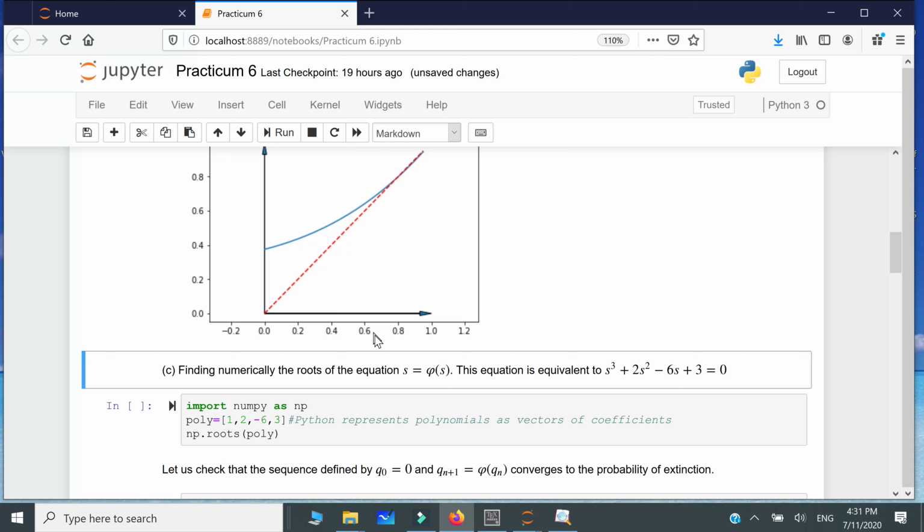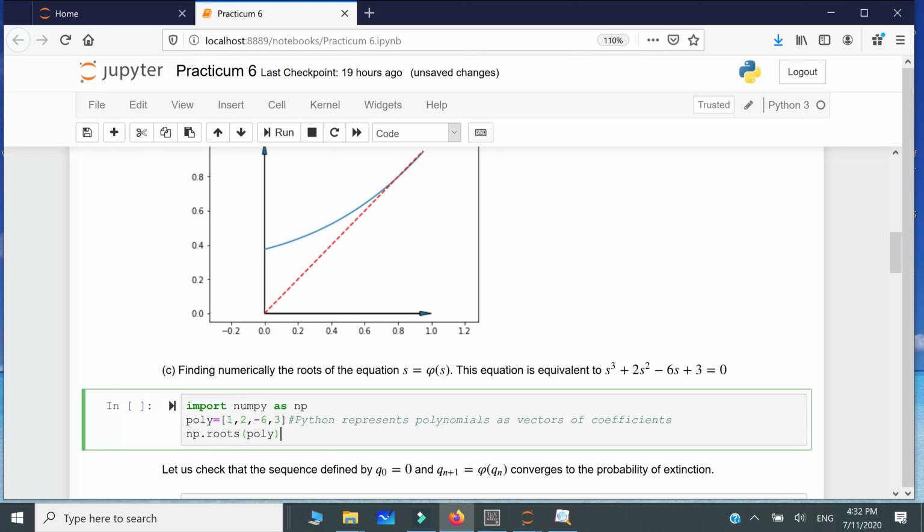So now we want to compute numerically. We have two ways to compute numerically the roots of s = phi(s), which is a polynomial equation of order 3. The first way: NumPy has a routine for finding the roots of any polynomial. So we introduce the coefficients: 1, 2, -6, 3.